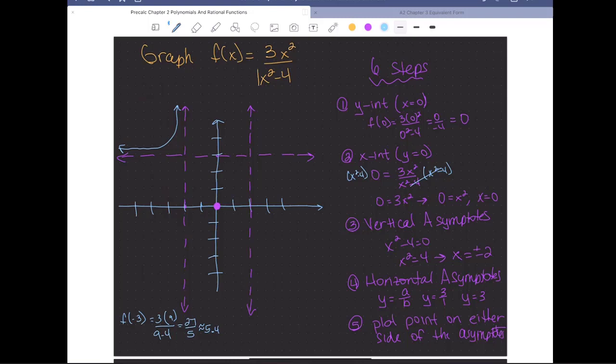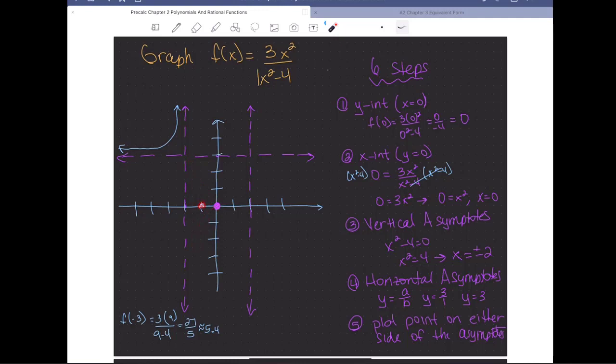So then I'm going to try another value, and now I'm going to go somewhere in between these 2 points, because again, my graph could go this way. I bet you it's not going to because of that asymptote. I bet you it's going to go this way. But just to be sure, I'm going to test a point.